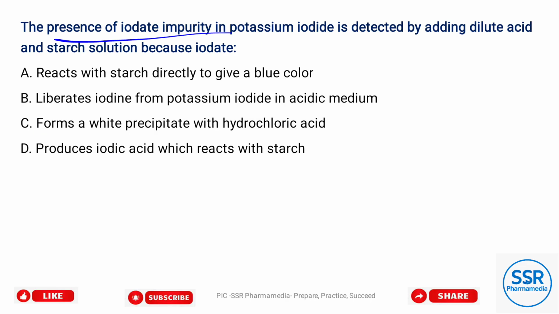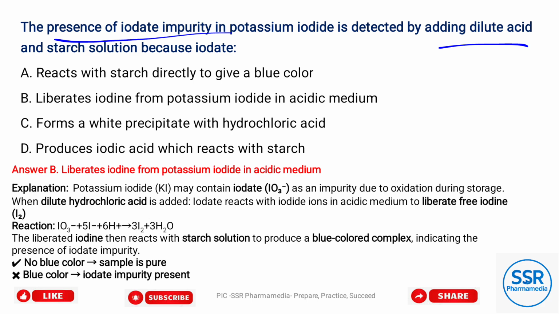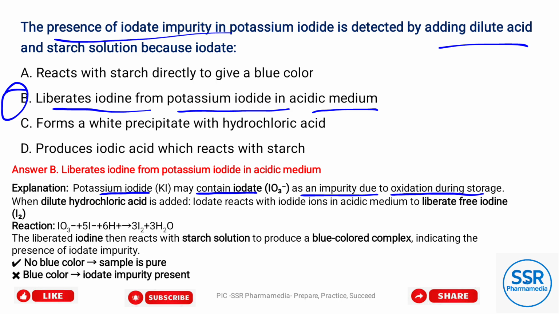The presence of iodate impurity in potassium iodide is detected by adding dilute acid and starch solution because iodate, so the answer is option B, liberates iodine from potassium iodide in acidic medium. Potassium iodide may contain iodates as an impurity due to oxidation during storage.